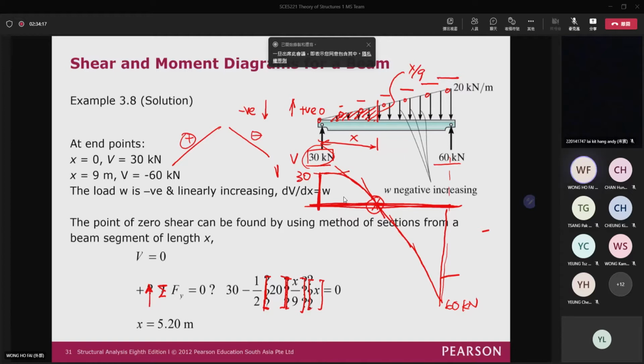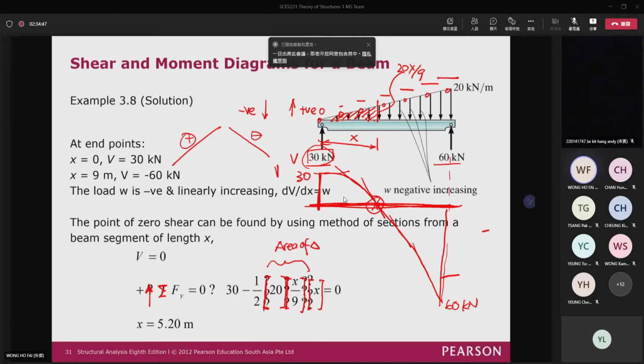So the area of this triangle is the value of the force. And then you have 30 minus the area of the triangle is equal to 0.